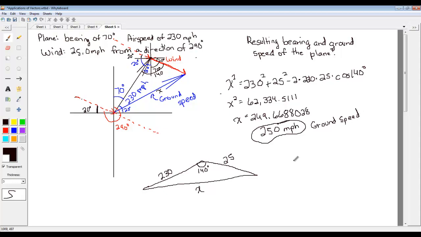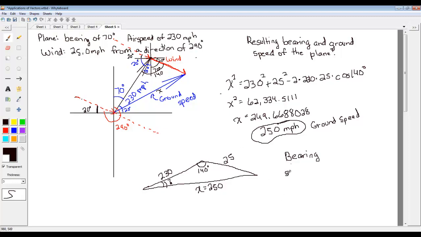Then next, to get the bearing, what do we do? The bearing, I basically need to know what this here is. I don't know what that angle is. But you know what? Sine of 140 over 250 will equal sine of question mark over 25.